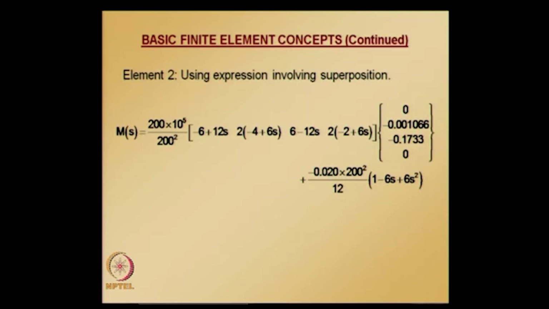Now simplifying this moment, we get this, and now we can calculate the moment value for the second element at the left hand and at the right hand by substituting S equal to 0 and S equal to 1.